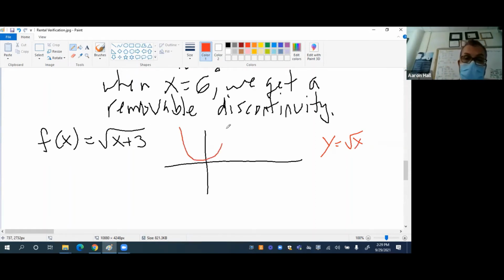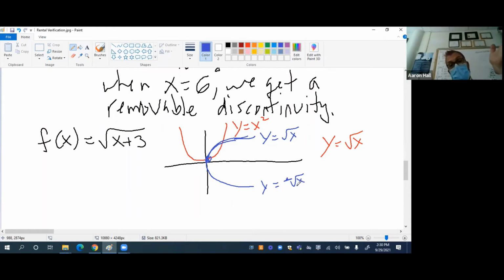If this is y equals x squared, then we have this as y equals the square root of x and y equals negative the square root of x. We literally have half a parabola that's been flipped over the y equals x line. So we have this little piece.